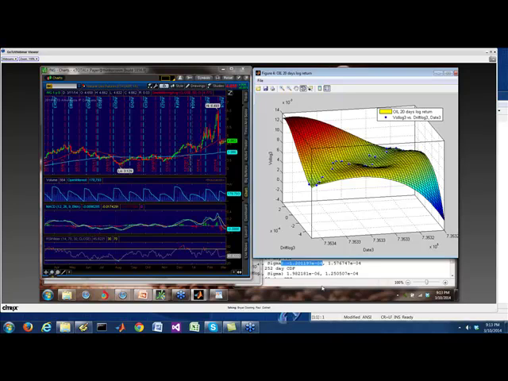Well, actually, I understand what Ian's saying here. He came back and says, you are reading the surface from right to left, but that's how MATLAB generates it, right? Well, it depends on how you rotate it.